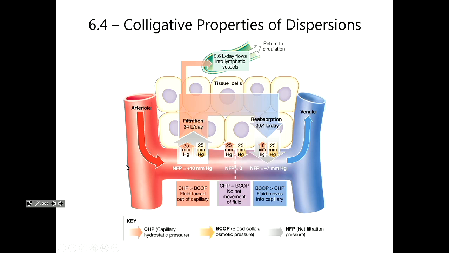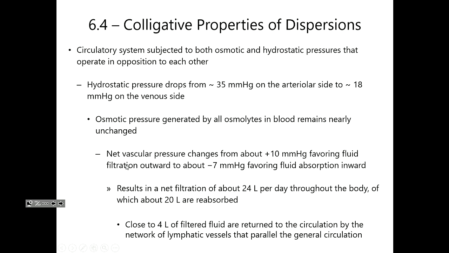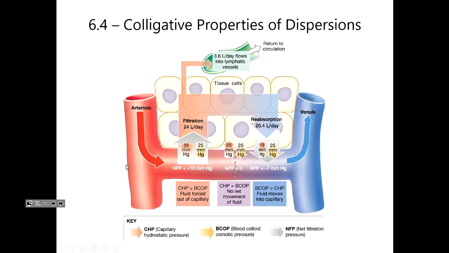So our hydrostatic pressure, as the blood flows through your smaller blood vessels and proceeds from arterial to capillary to ultimately coming out from the venous side, that hydrostatic pressure changes or drops from about 35 millimeters of mercury to about 25 millimeters of mercury. So there's a change in that, to about 18 millimeters of mercury.